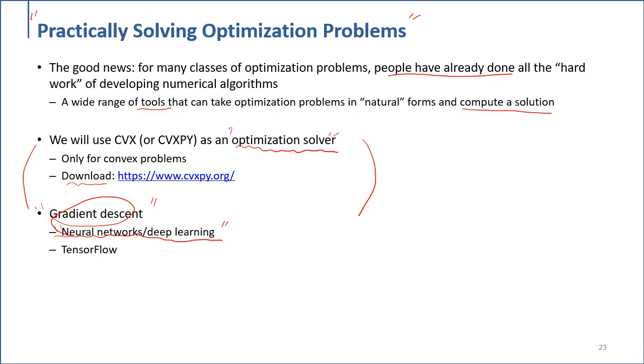For gradient descent in neural networks and deep learning, people have already developed very important Python libraries like TensorFlow, PyTorch, Keras, and so on. By using these libraries, we will be able to use these optimization solvers, and I'm going to keep talking about this in the offline lecture.